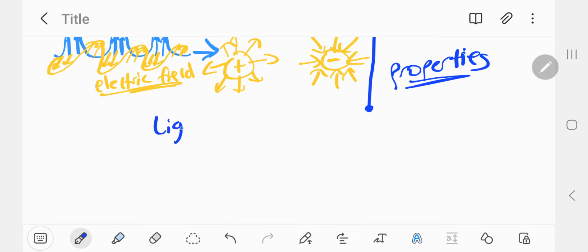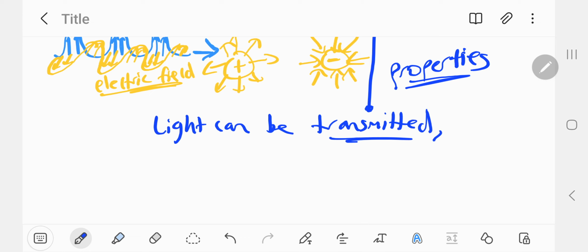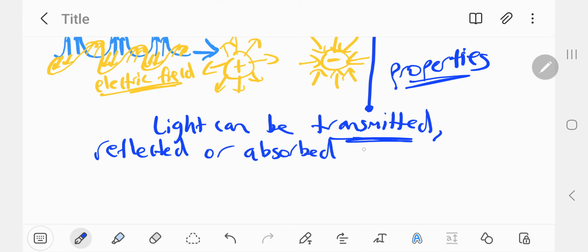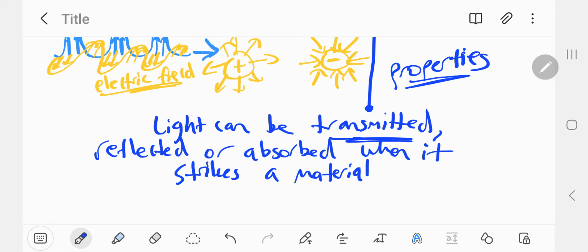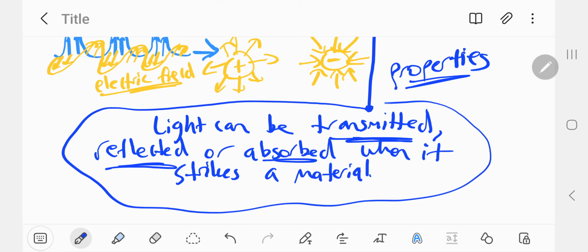So light can be transmitted, reflected, or absorbed when it strikes a material or a medium. So three things that light can possibly do.